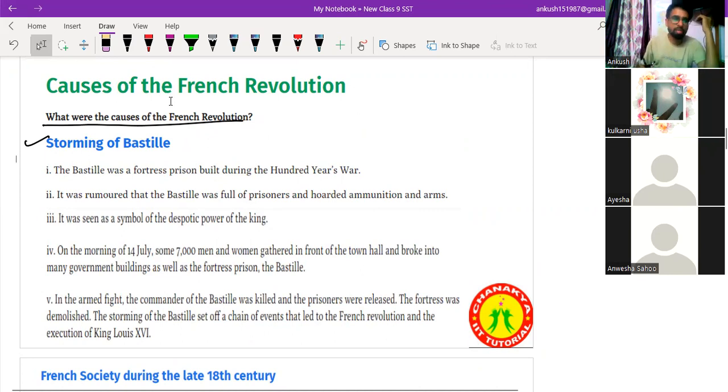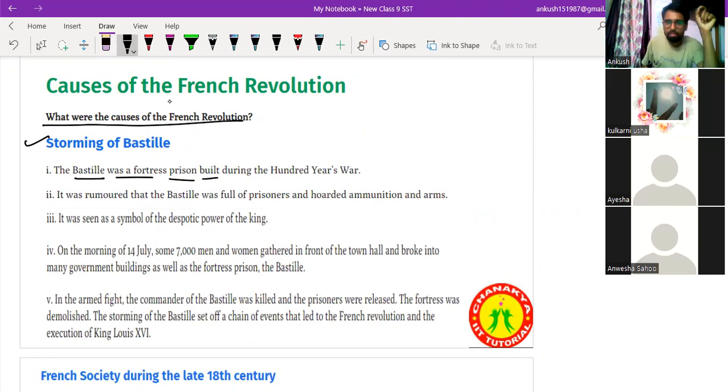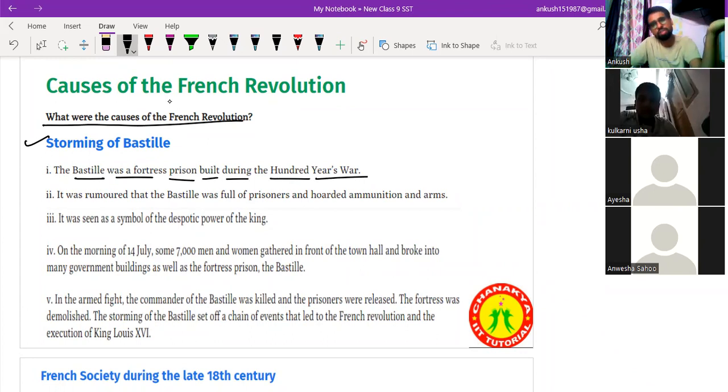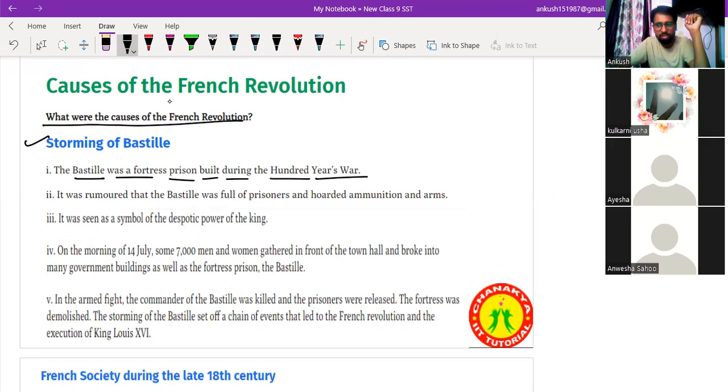As above we discussed about Bastille, the Bastille was a fortress prison built during the 100 Years' War. It was actually a very old prison, a fort-like prison. Initially it was a fort, after that it was transformed into a prison. It was rumored that the Bastille was full of prisoners and hoarded ammunition and arms.